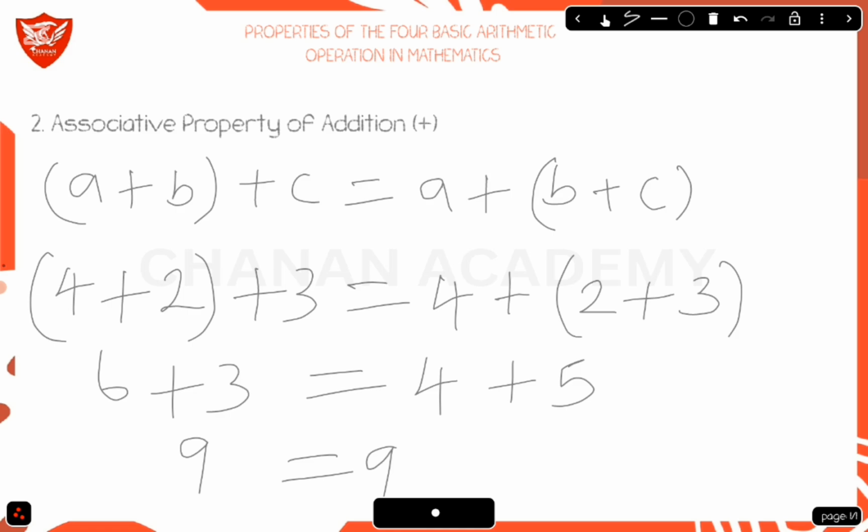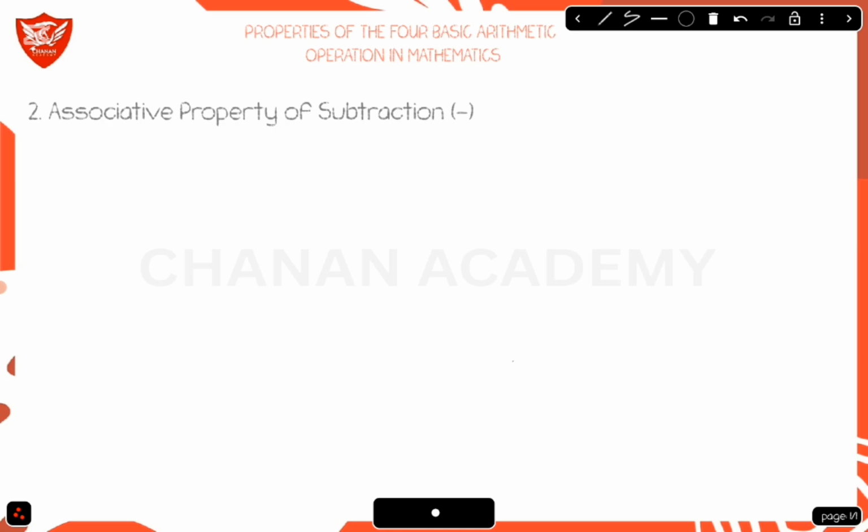So let's check subtraction, the next one. That now is the associative property of subtraction. So let's check. Say (A minus B) minus C equals A minus (B minus C).